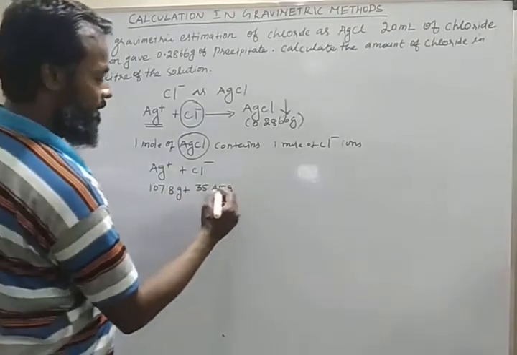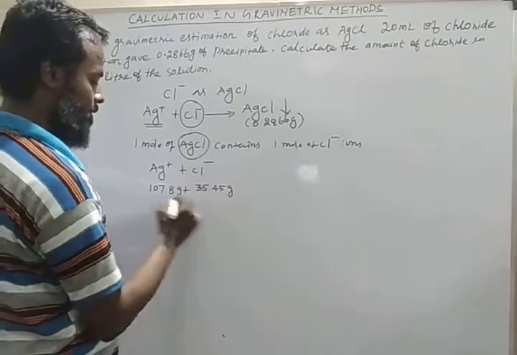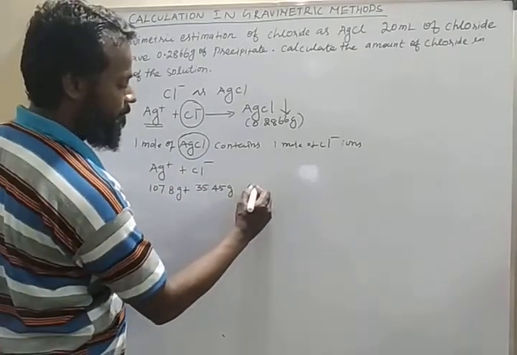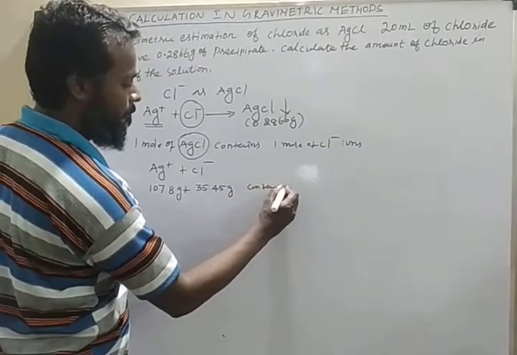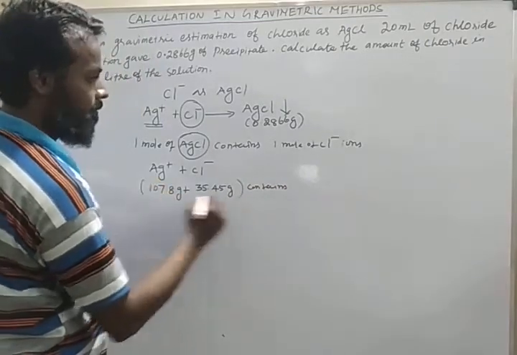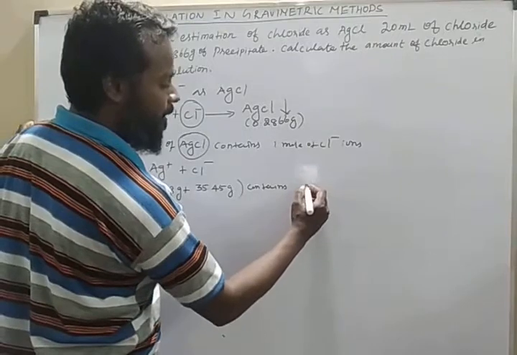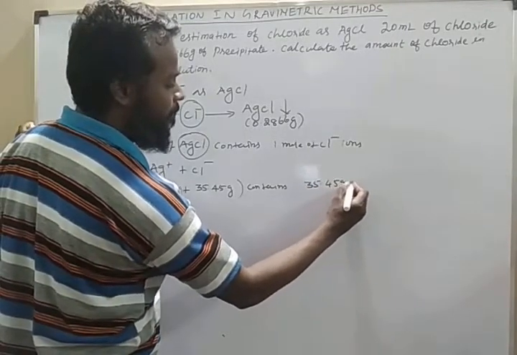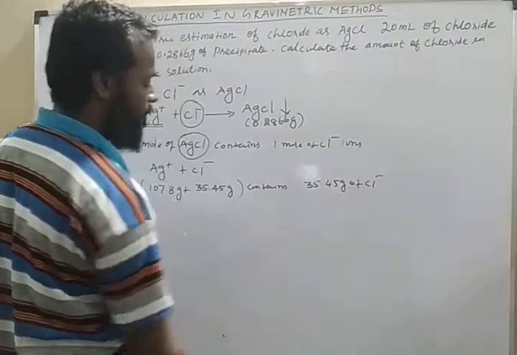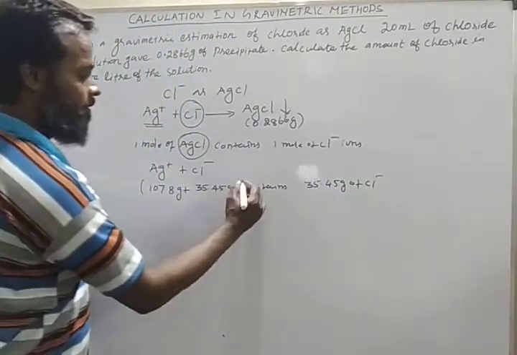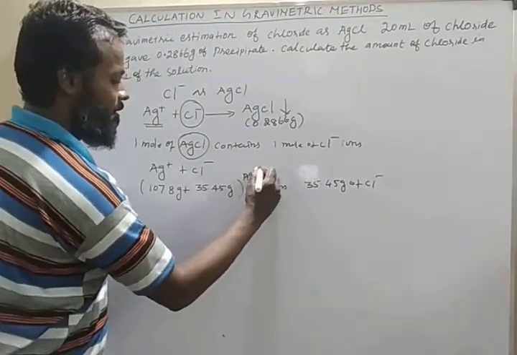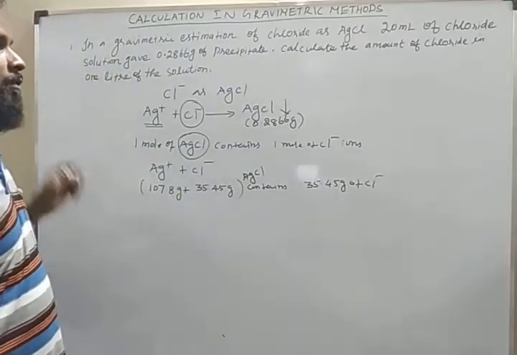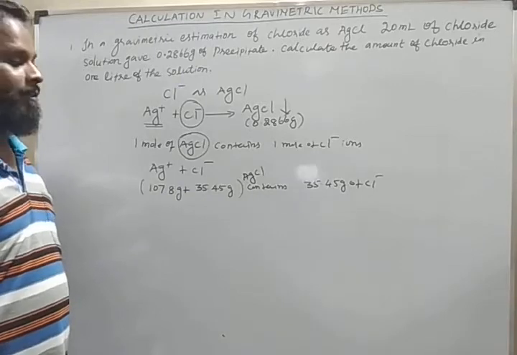So this much AgCl contains 1 mole of chloride ion, that is 35.45 gram of chloride ion. This much AgCl contains 35.45 gram of Cl minus.